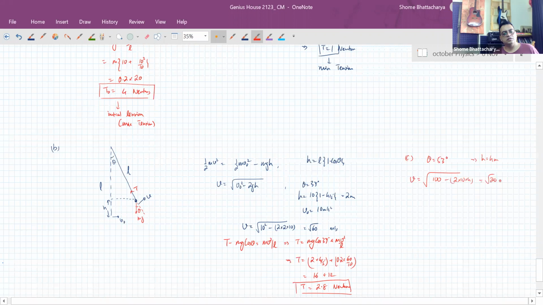V will become root 20. Tension will become, tension would have become 1.6 Newton.